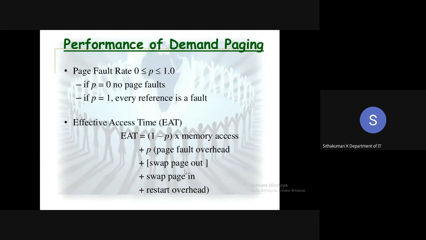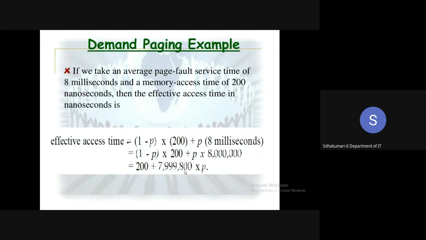It is equal to (1 minus P) times memory access plus P times (page fault overhead plus swap page out, swap page in and restart overhead). You need to take all these things into consideration. For 1 minus P, there is no problem, just the memory access, but for the remaining portion you need to consider all this overhead. So this is just an example.